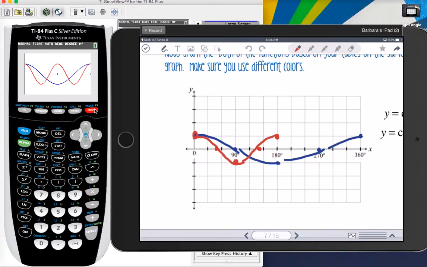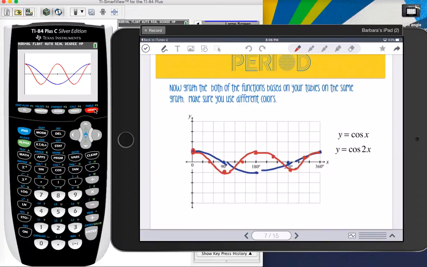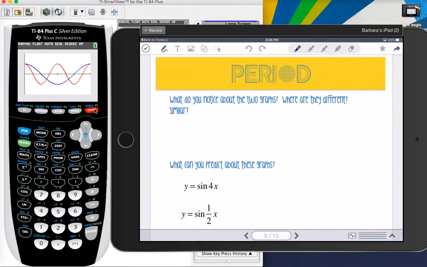Now you could easily continue the graph if you wanted to. Now, what do you notice about the two graphs? Where are they different? Where are they similar?